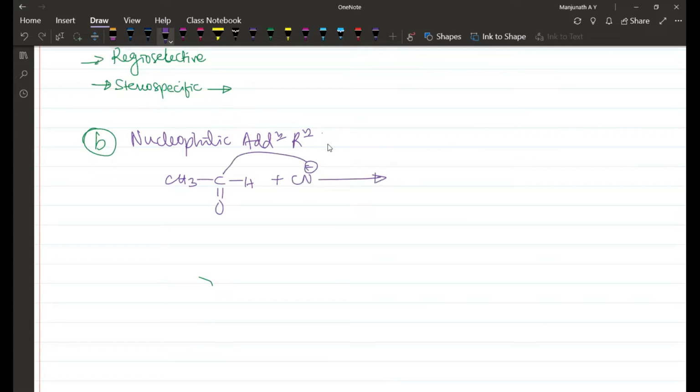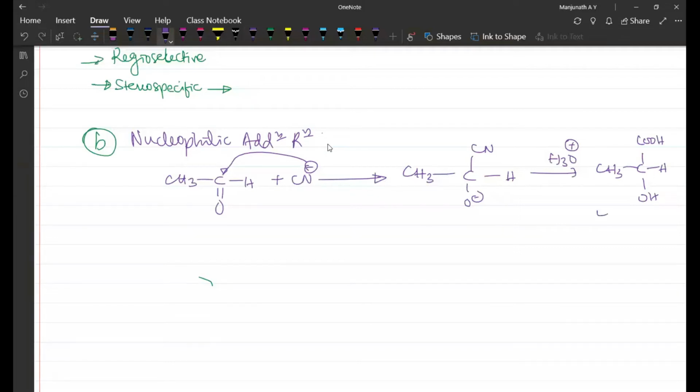So what will happen? It will undergo addition. This is a nucleophilic addition reaction, CNH. Now this on hydrolysis produces CH3, C, OH, COOH and H. So this reaction is actually a hydrolysis reaction.